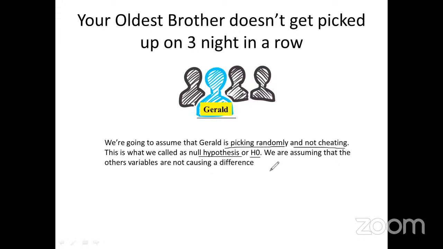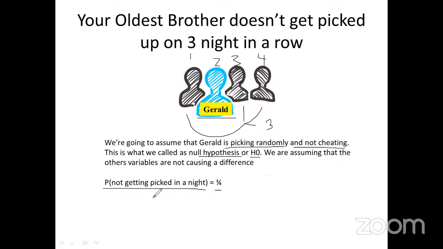As a statistician, of course, you are going to calculate the probability of not getting picked. For one night, the probability of not getting picked is 3/4, because you have four siblings, and except you, there are 3 siblings.